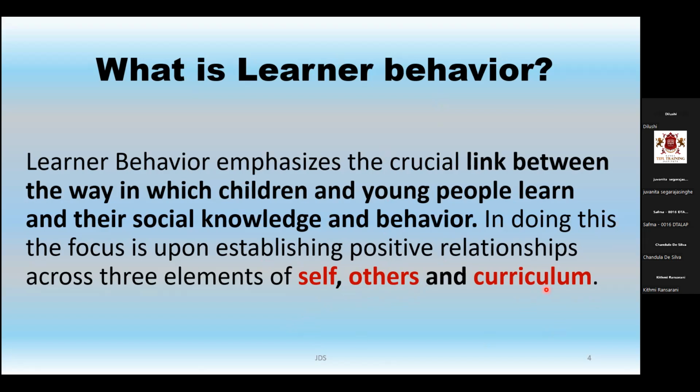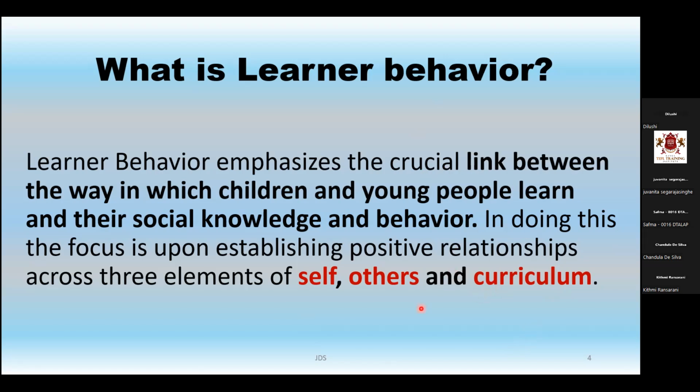And the curriculum, syllabus, course book, even the curriculum stuff has some kind of control over his behavior, right? So what he is learning, the subject content, determines his behavior.